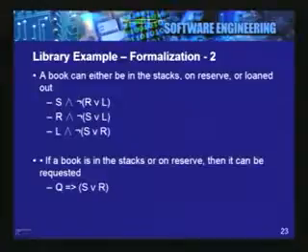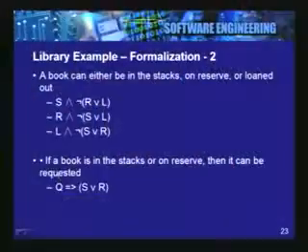Similarly, the last specification stands for L and not of S or R. What this means is, if it is loaned out, then it can't be on the stacks, neither can it be on reserve, right. So, this is a formal notation for indicating that the book can either be in the stacks, on reserve, or loaned out, but not any two at the same time, right.